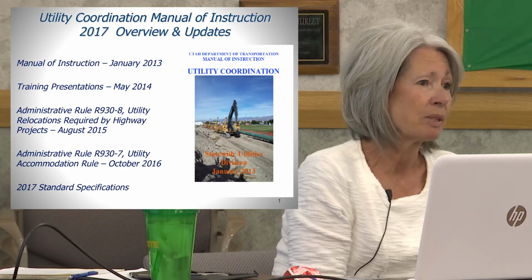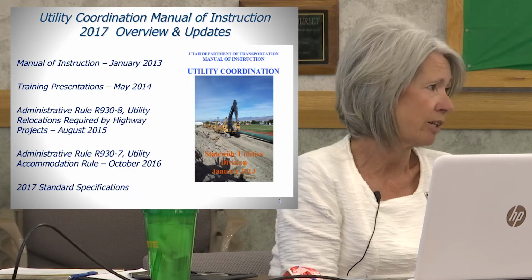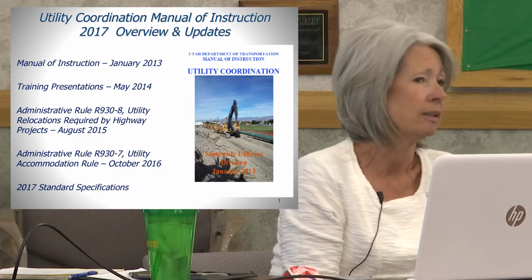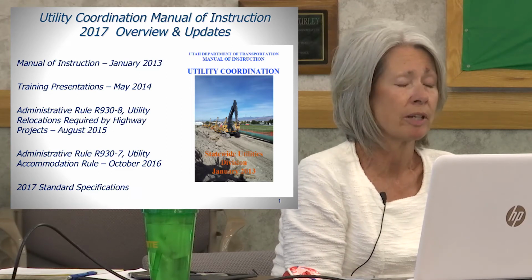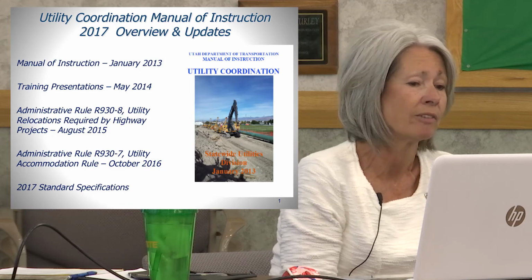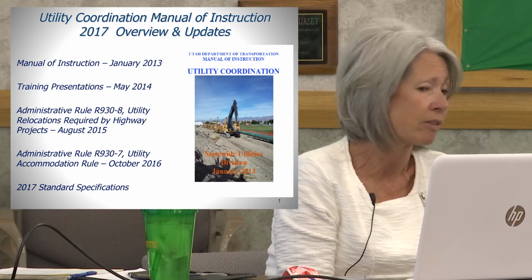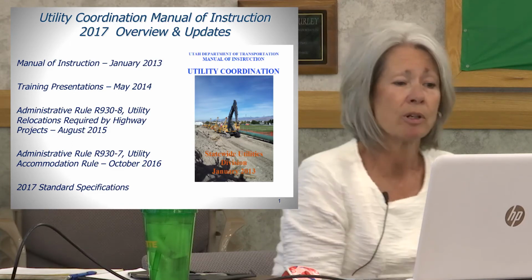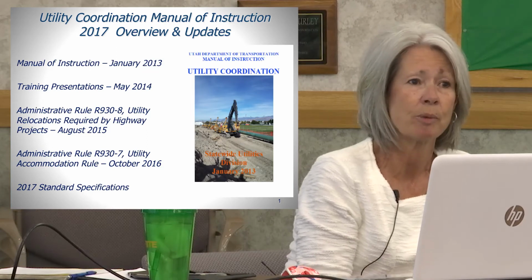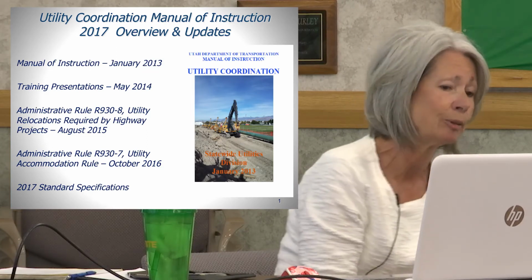But since then, there have been some pretty significant changes and advancements in utility coordination and accommodation. We have a new administrative rule, R930-8, for utility relocations required by highway projects.